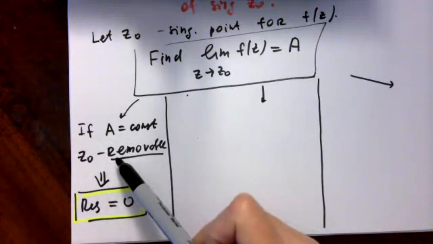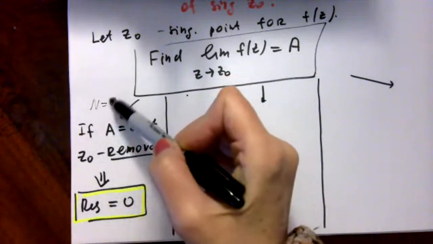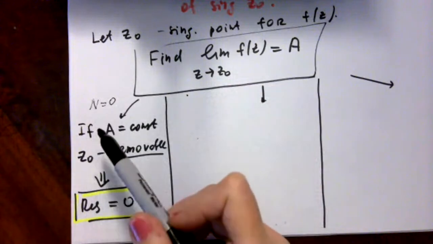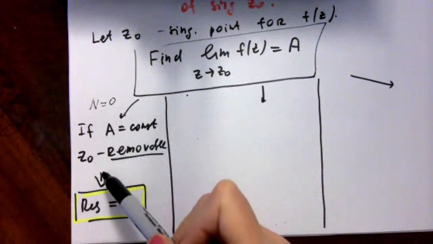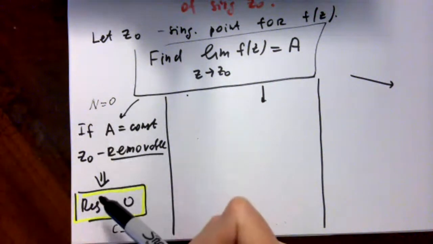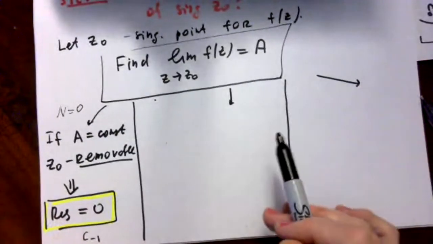The number of terms in the principal part is just zero, including the term with the power of minus 1. Do you remember that the residue was the coefficient in front of 1 over z minus z0? So it's no wonder that we get this beautiful result. But it's very convenient to organize it in a separate column.